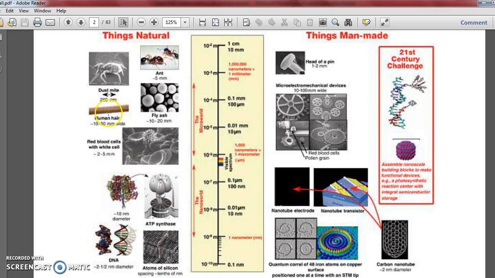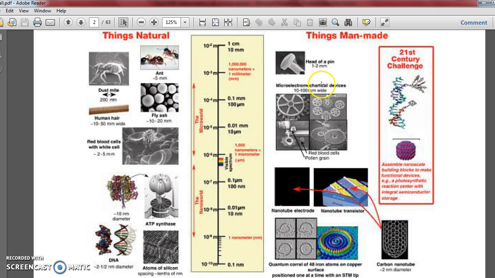And you see carefully, human hair thickness is in the micrometer range. Whereas atoms are at the nanometer level.